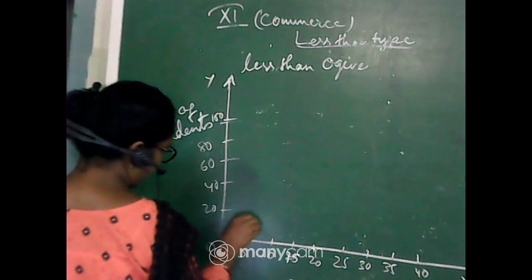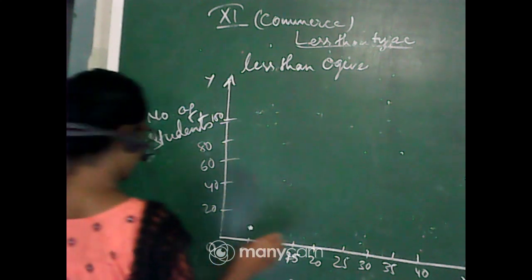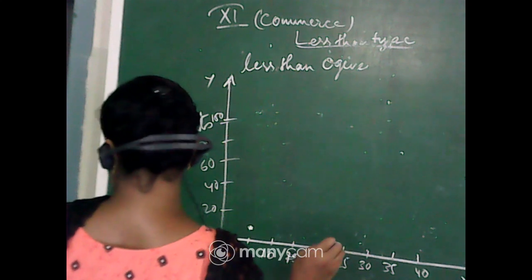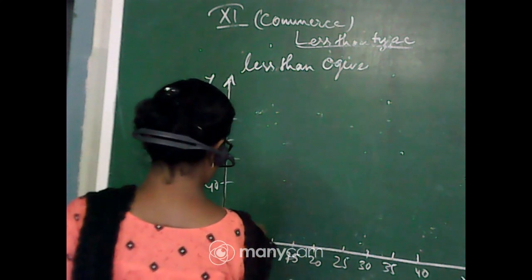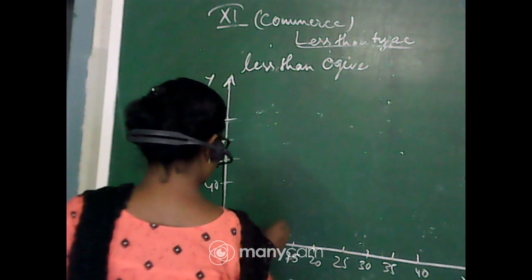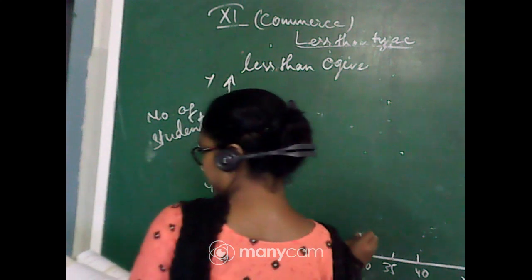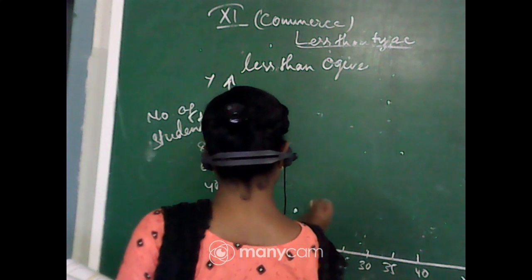So 4 may be here. Okay, we point out here. Next one, 5 to 10. 5 to 10 is 10. Next 10 to 15, 20, here.